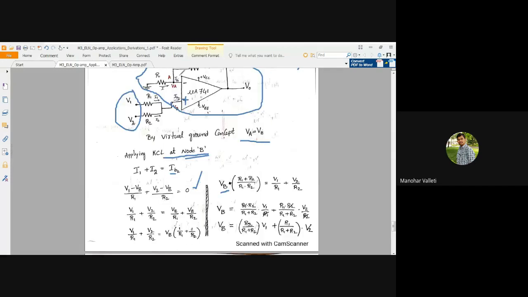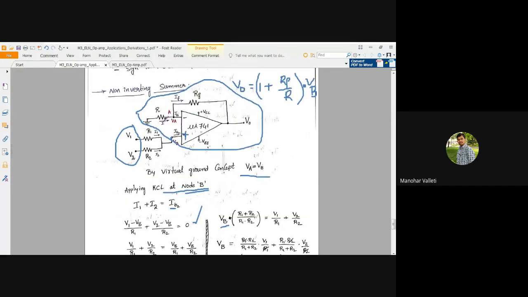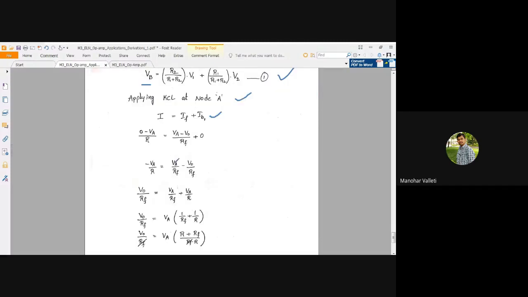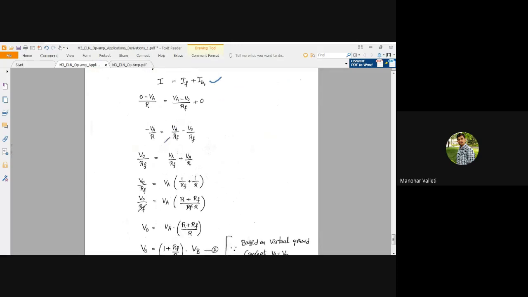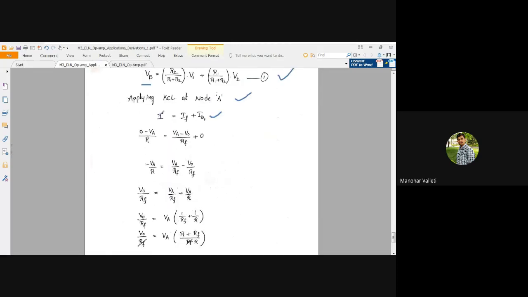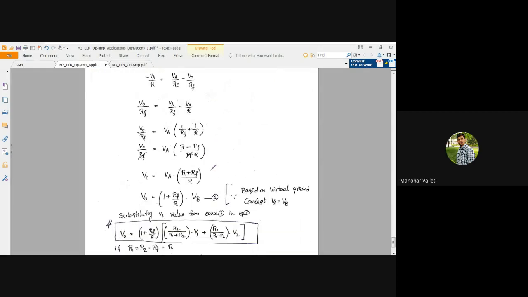In the previous derivation we assumed this current as I1 because I1 is already there, so I assumed this as I. So I equals 0 minus VA by R, and IF equals VA minus V0 by RF. If we solve this, we'll finally get V0 equal to VA multiplied by R plus RF by R.